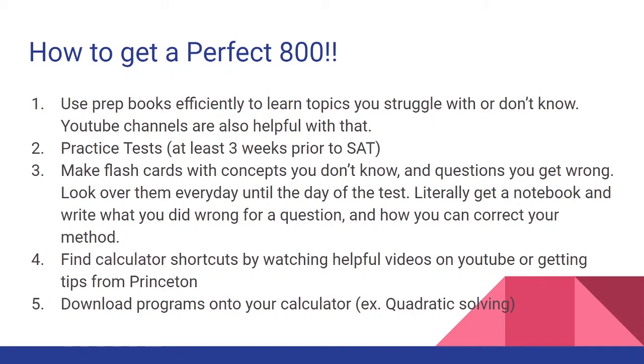Small programs will help you save time and do your calculations fast for you, so you can actually get to the answer of the question. Yes, you can do a quadratic on your own, but what if you have a program for it? It just does it for you. So you can download programs, because you're not required to clear your history. By history, I mean completely clear the RAM of your calculator.